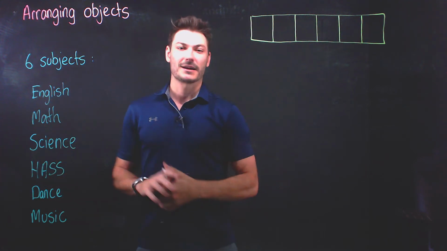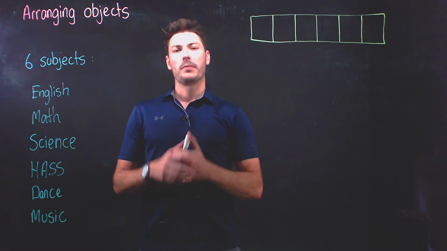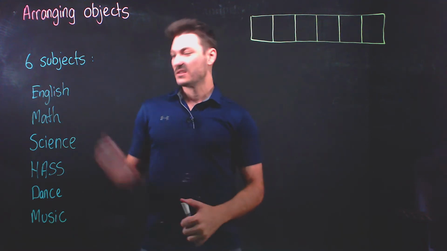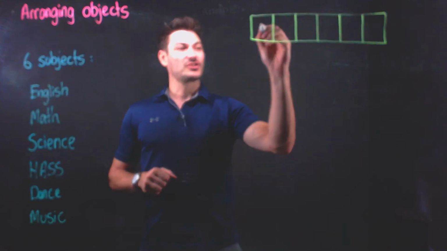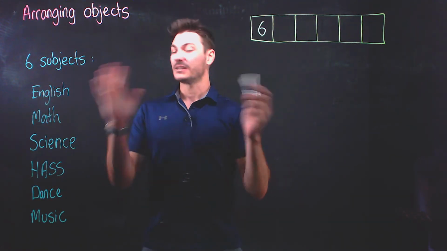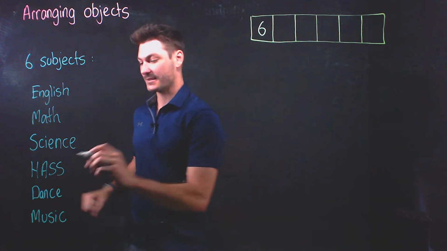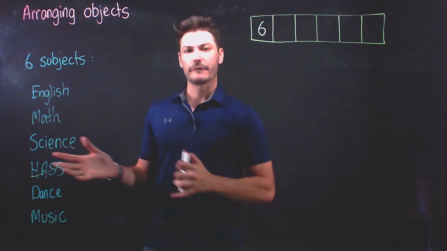Looking at these 6 subjects, we imagine how many ways there are for us to pick the best subject. So initially, there are 6 different subjects that we could pick as the best. Let's say, randomly, we decide that HAS is the best. We're going to cross HAS off for now, and reevaluate.